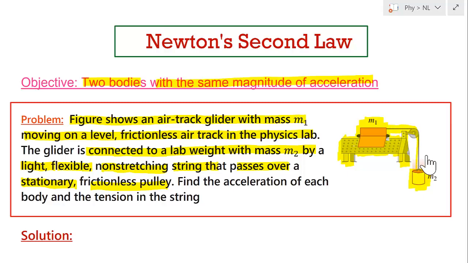The properties of this string are given: it is a light string, flexible and non-stretching, and it passes over a frictionless pulley. So this pulley is also frictionless. Now we have to find the acceleration of each object and the tension in the string.